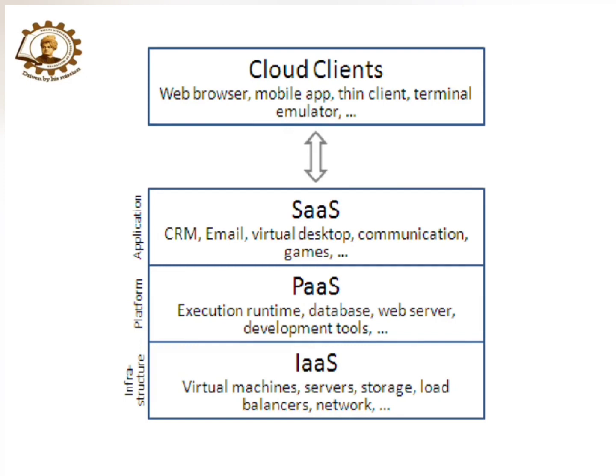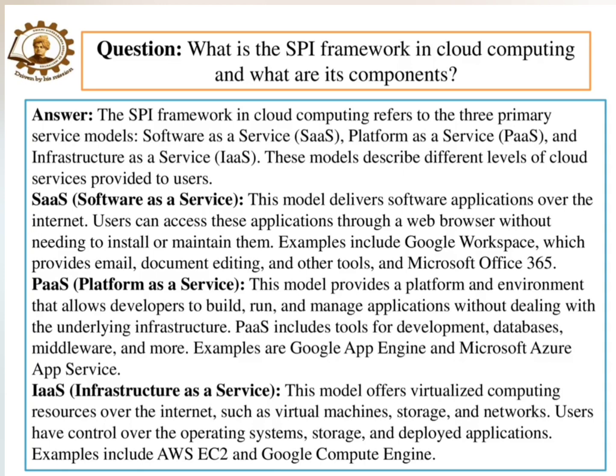What is software as a service? A cloud provider hosts applications on its own infrastructure that makes them available to users over a network, typically the internet. Next one is PaaS, that is platform as a service. A cloud provider hosts an application development platform on its own infrastructure and makes that platform available to users over the internet.